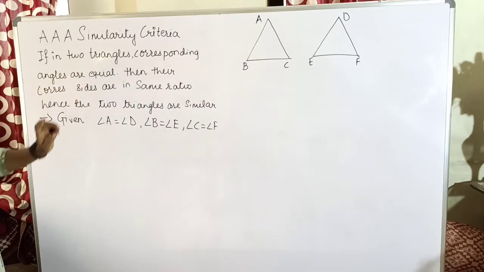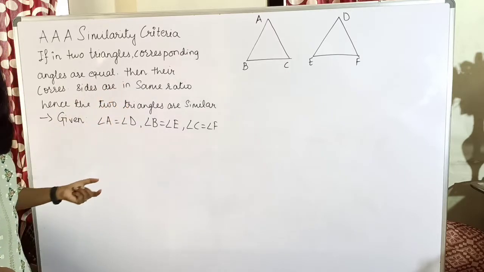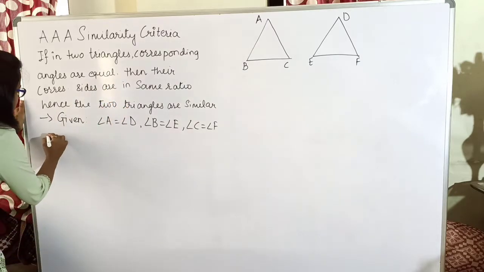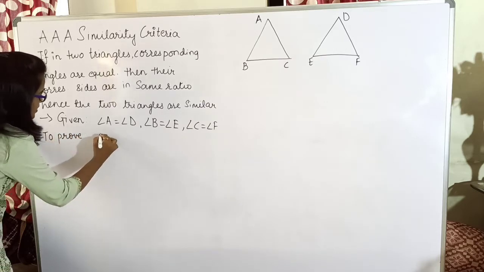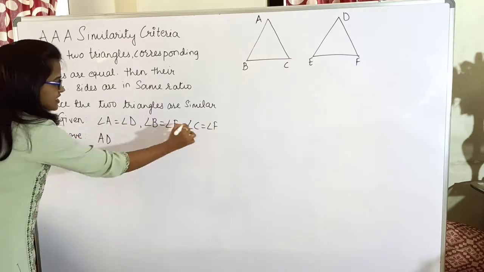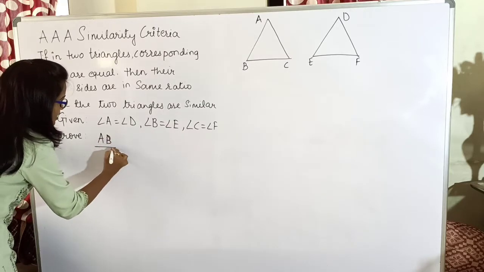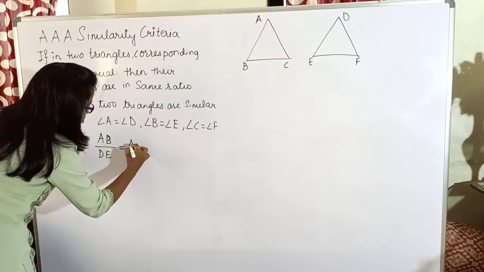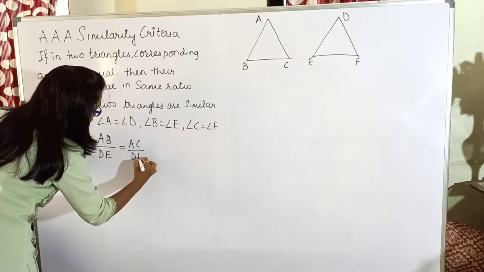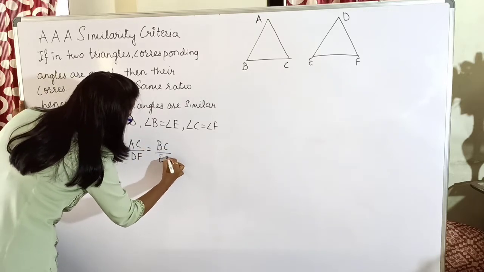All corresponding angles are equal, and if they are equal, their sides are in the same ratio. So what will you prove? Since their angles are equal, you have to show their sides are also in the same ratio, that is AB by DE equal to AC upon DF equal to BC upon EF.